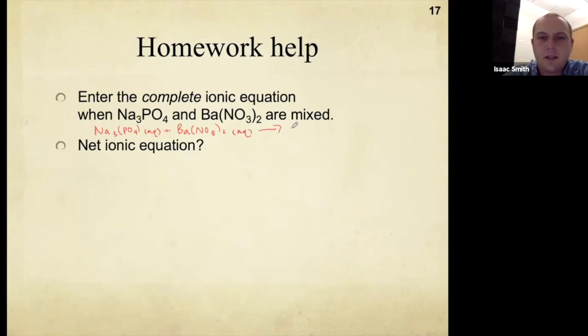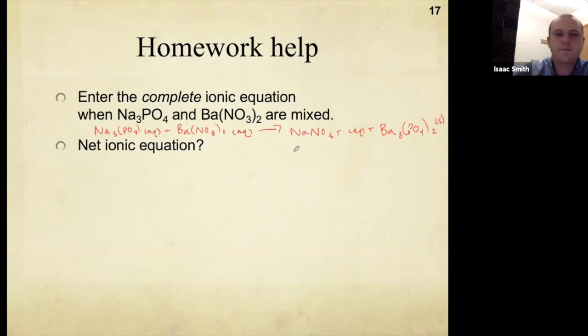Then we mix those and form sodium nitrate, which is soluble, and we also form barium phosphate, which is a solid, an insoluble compound. So a precipitate does form.